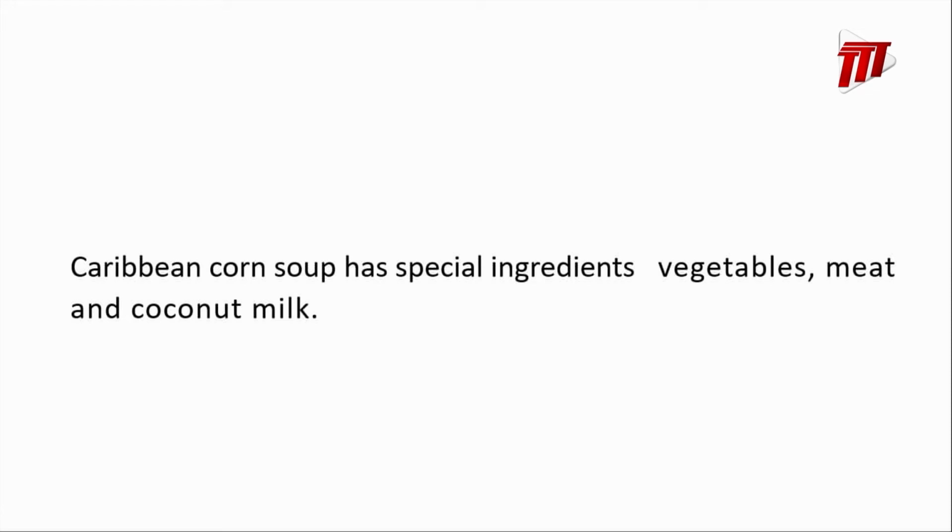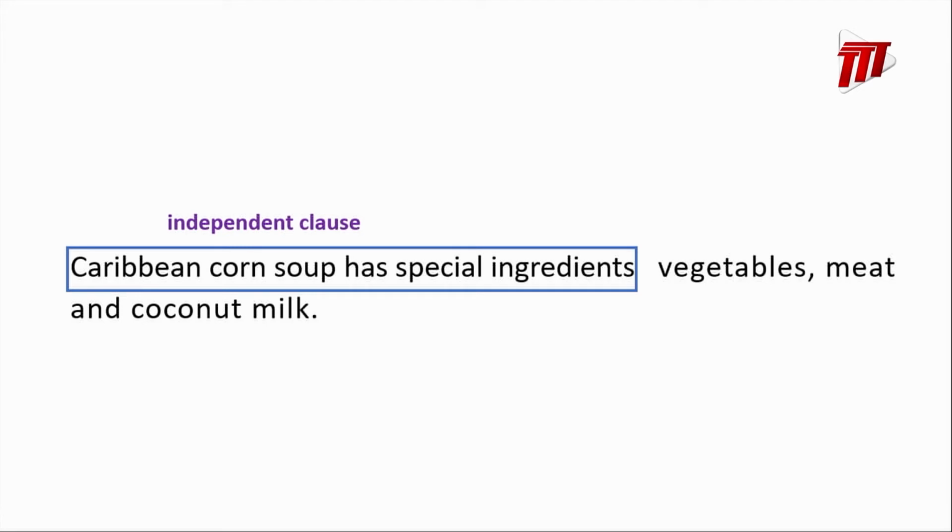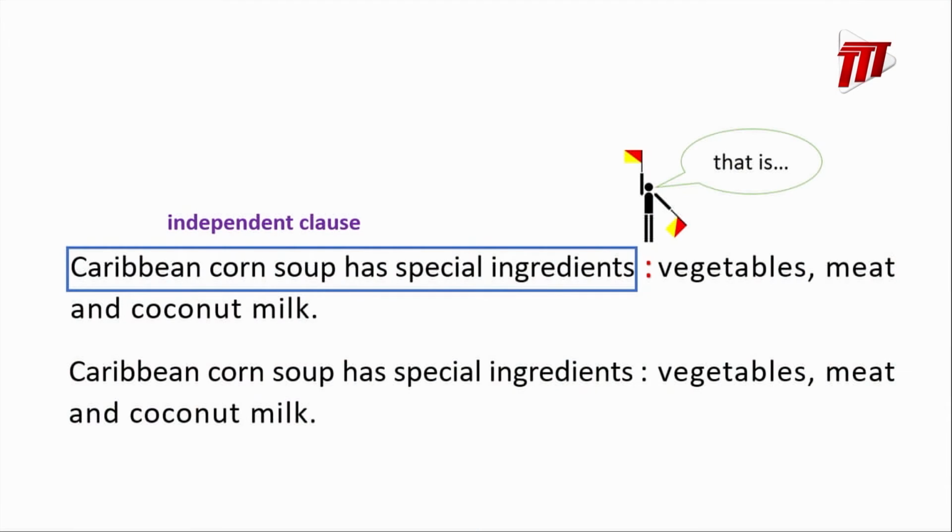To show what the ingredients are, we put in our colon. The independent clause is Caribbean corn soup has special ingredients, so we must separate it with a colon. If we had the word that is there, we didn't need the colon. But we are putting in punctuation marks, so the punctuation mark needed here would be the colon.